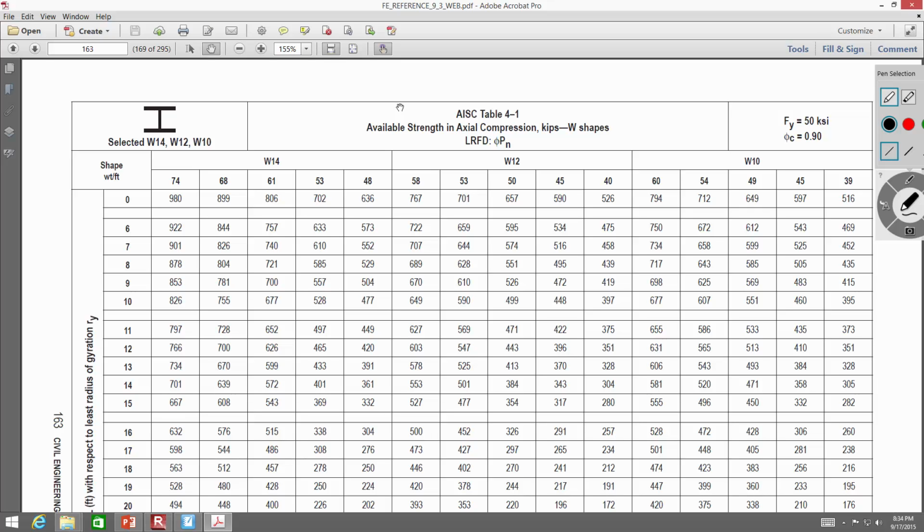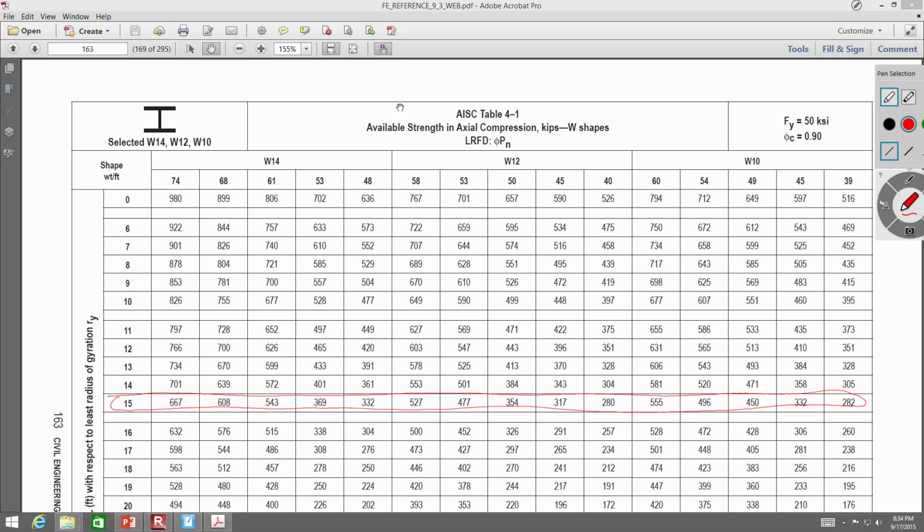So watch what I'm going to do. Let me get my little pen situated. What is KL? It's 15 feet, right? So I'm only going to look at those numbers along that horizontal line.